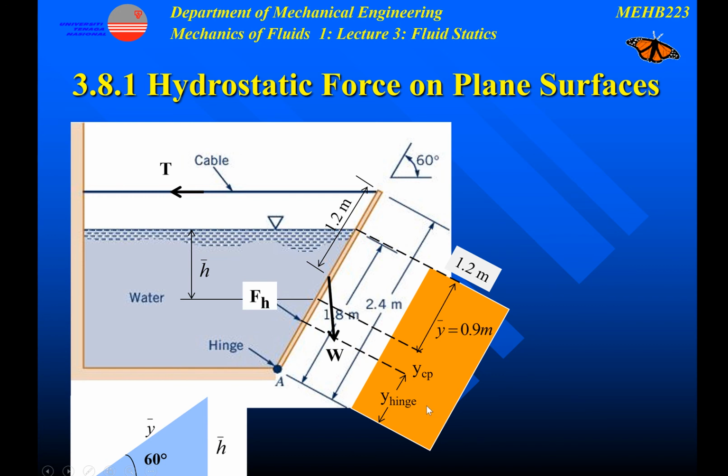How are y bar and h bar related? You can draw a triangle here and use trigonometry. H bar is the vertical distance while y bar is the inclined distance, so they are related by this angle of 60 degrees.